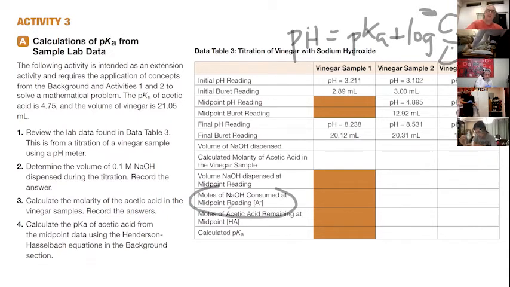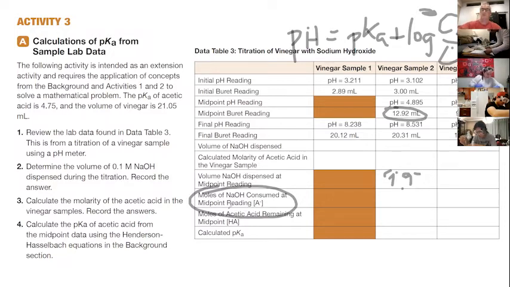You've got that from the volume. The midpoint was 9.92 mL, so that's your volume at the midpoint. That's the number of moles of A minus at the midpoint. So figure out what the concentration of the conjugate base is.